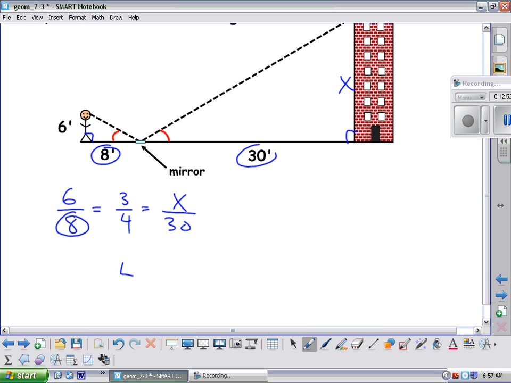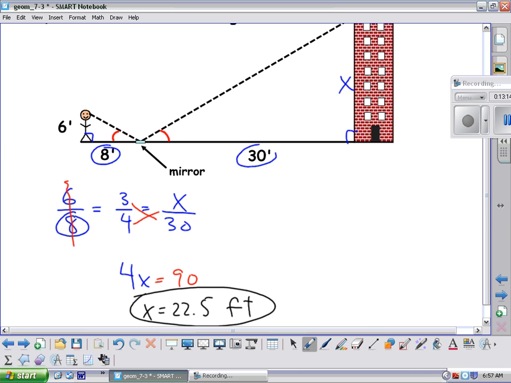Cross multiply: 4 times x is the same as 3 times 30. So x equals 22.5 feet, and that's your answer, the height of the building. Pretty simple, a nice little problem, but not too difficult.